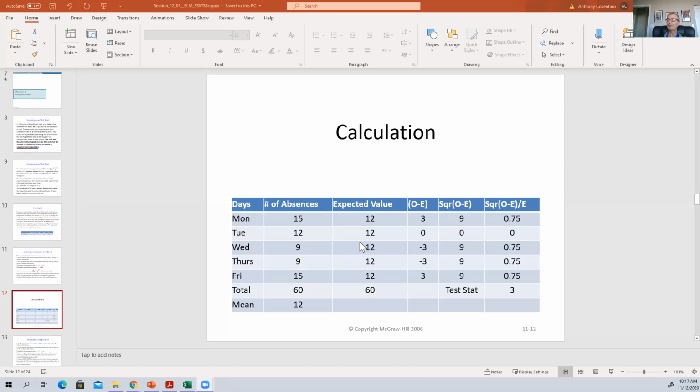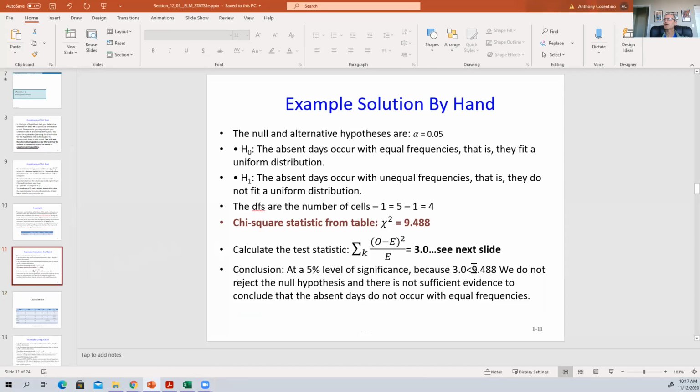You could do one big calculation if you're good with generating formulas, but if you're definitely going to do it by hand, I think a nice 3-step approach is much more reliable and much less prone to arithmetic mistakes. So if we go back to our calculation, you could see that I just calculated the test statistic, which is 3.